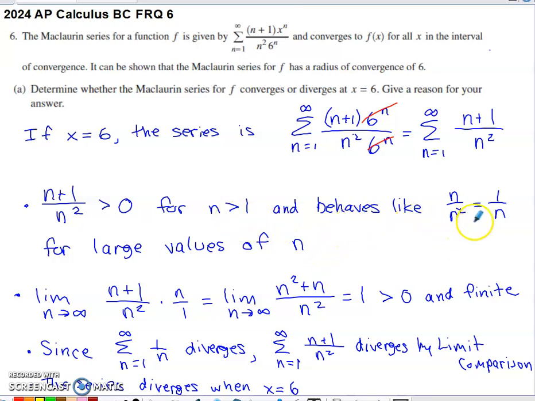And behaves like. What does this behave like? Well, when n gets big, this plus 1 in the numerator doesn't really have much effect on the numerator's value. So this behaves like n over n squared, which is equal to 1 over n for large values of n.